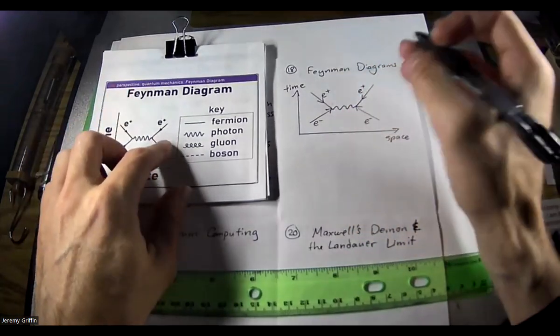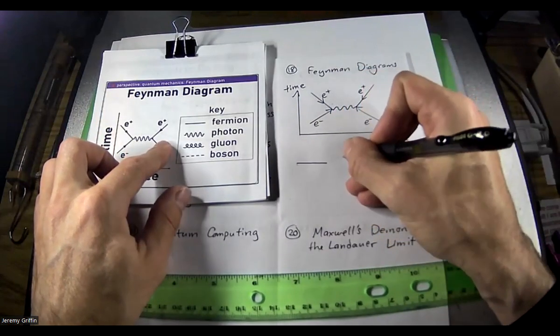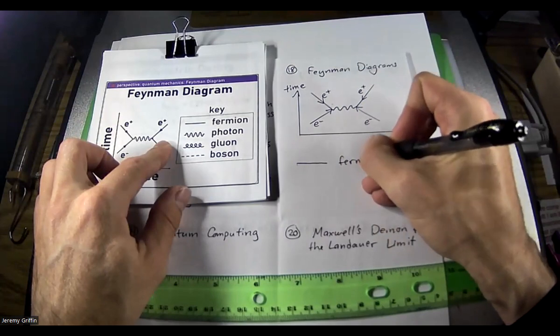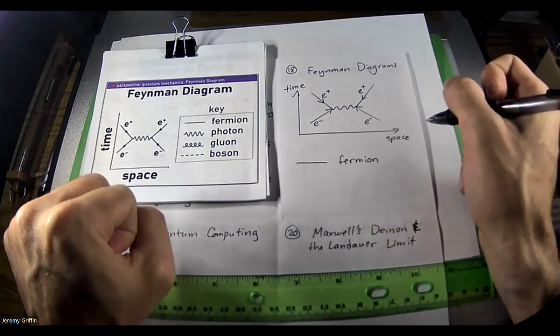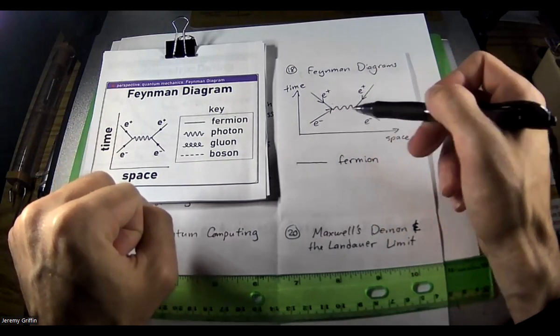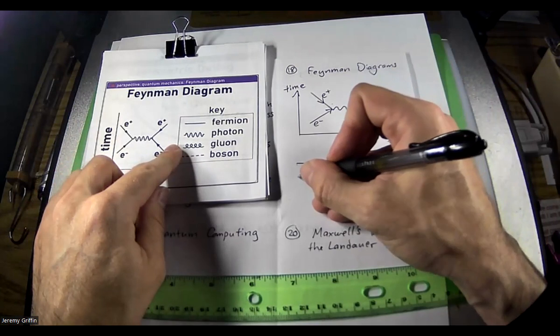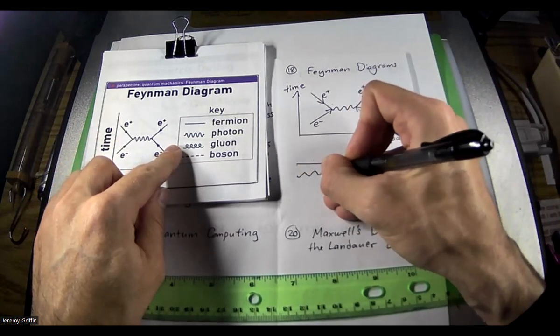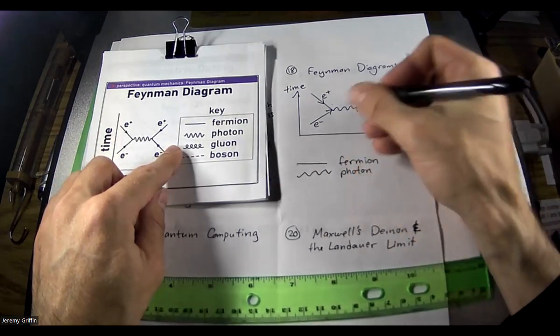Right, so key. I'm going to copy down this key. Whenever you see a solid line, that refers to some kind of fermion, which you remember from yesterday includes quarks and leptons. An electron is an example of a lepton. If you see a wavy line, that is a photon, and it gets its own symbol.